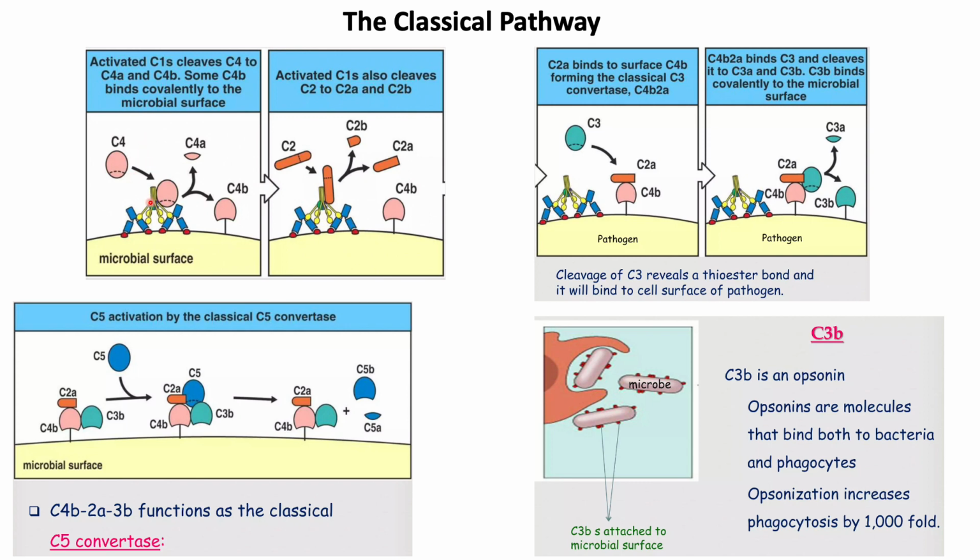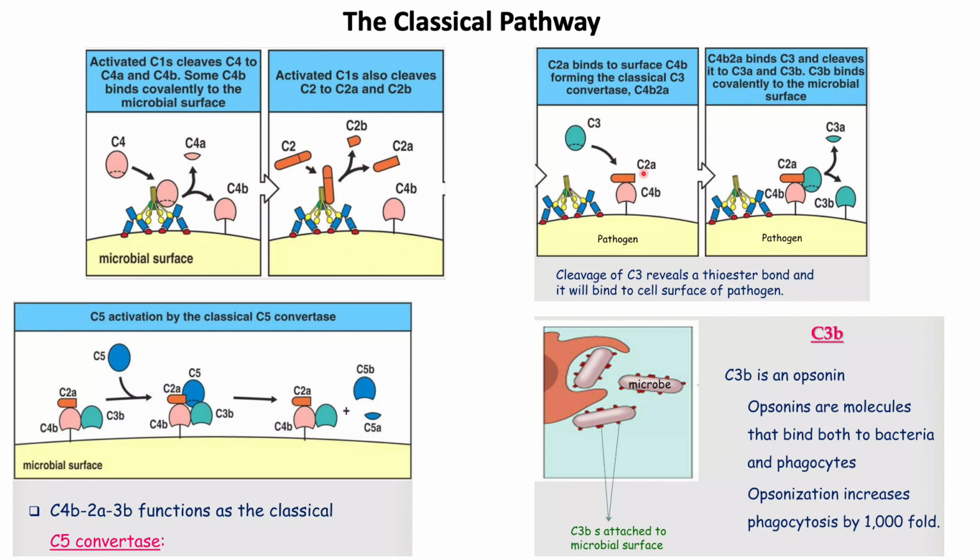So the activated C1 proteins cleave the C4 proteins to C4A and C4B. Some C4B, the larger C4 component, binds covalently to the microbial surface while C4A remains unbound. The activated C1 proteins also cleave the C2 proteins to C2A and C2B.